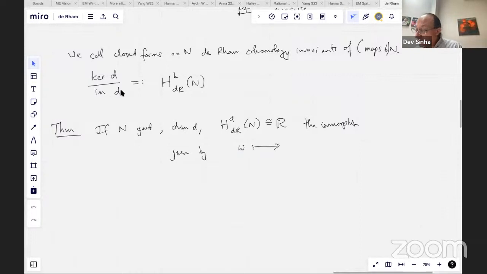And what we're going to do is just integrate over N, and we'll get a number. And that's the isomorphism. So we call the ones that don't go to zero under this volume forms, or especially the ones with total volume 1, we often call volume forms in particular.